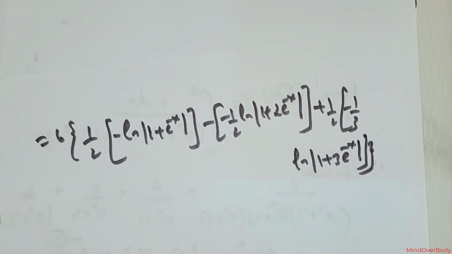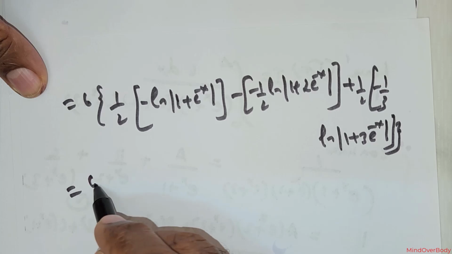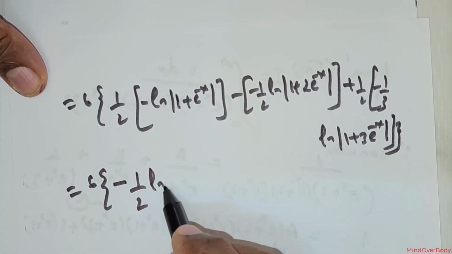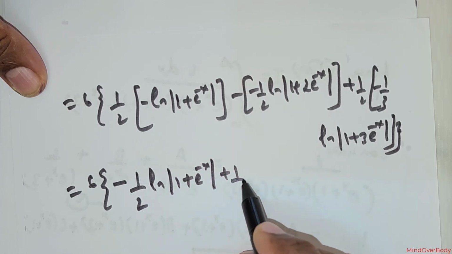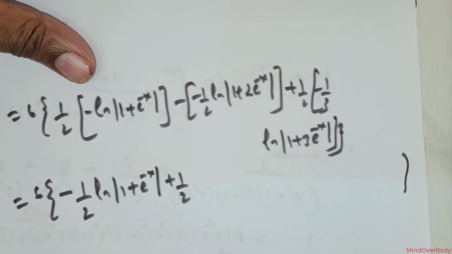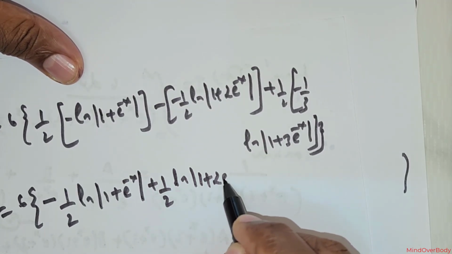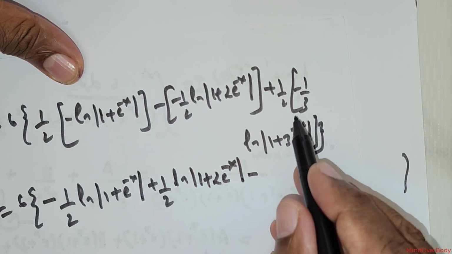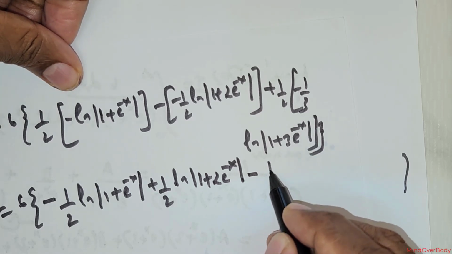Now we will have to simplify this. So this is equal to negative, I'm going to retain 6 as it is. So negative 1 over 2 times the ln modulus of 1 plus e raised to the power of negative x, negative negative positive 1 over 2 times ln modulus of 1 plus 2 times e raised to the power of negative x, and this is negative 1 over 2 and 1 over 3 is there.